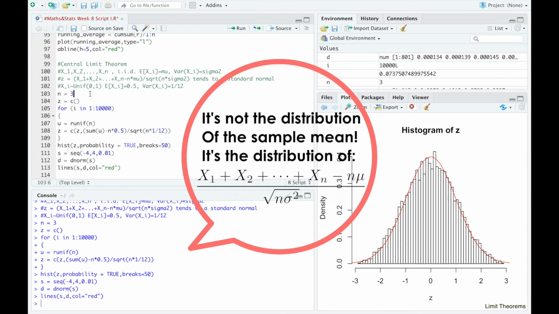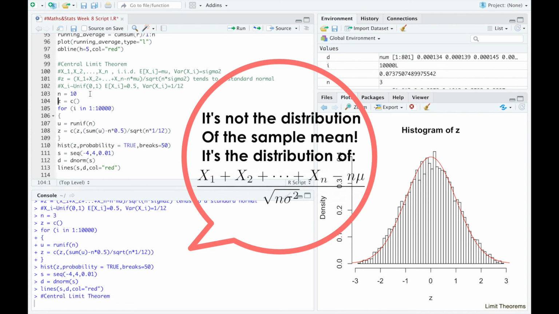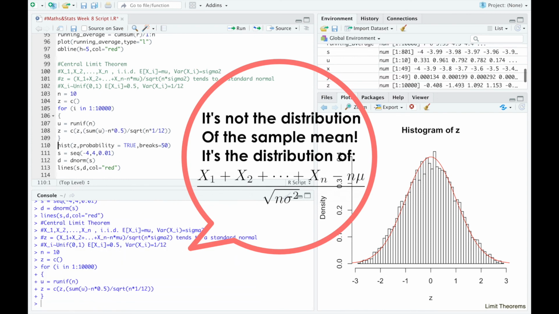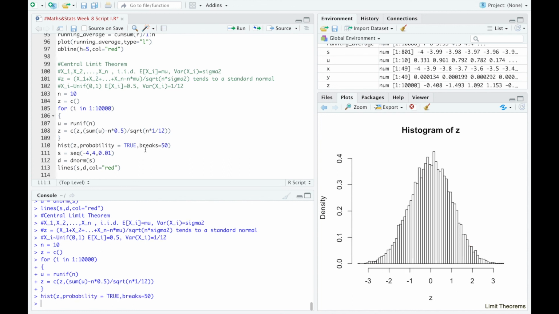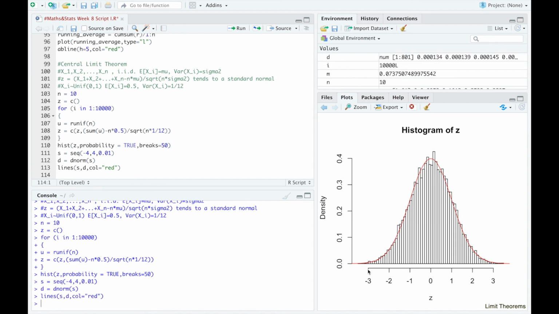And of course, as soon as we use n equal to 10, it will take some seconds. As you increase these numbers, your computer might take some time to perform these actions. Anyhow, this is the approximation we have now, really close, the line is very close to the histogram. I think it's great.